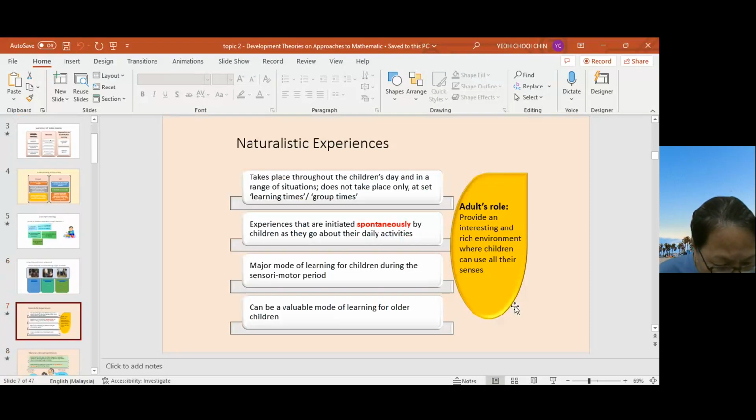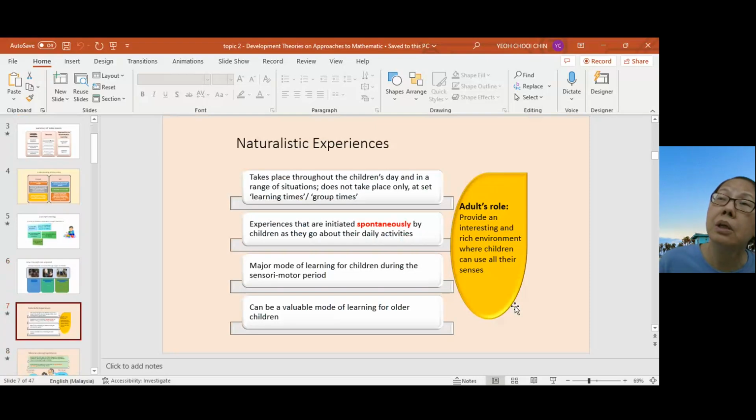What the adults do is provide an environment interesting enough to get the children to use all their sensory motor skills to learn mathematics. These are experiences initiated spontaneously by children as they go about their daily activities. It's very spontaneous learning.